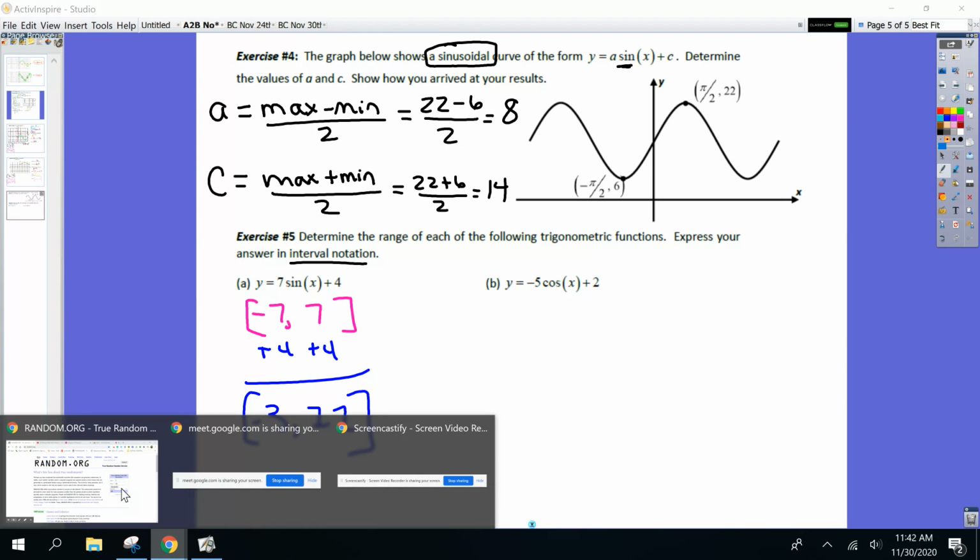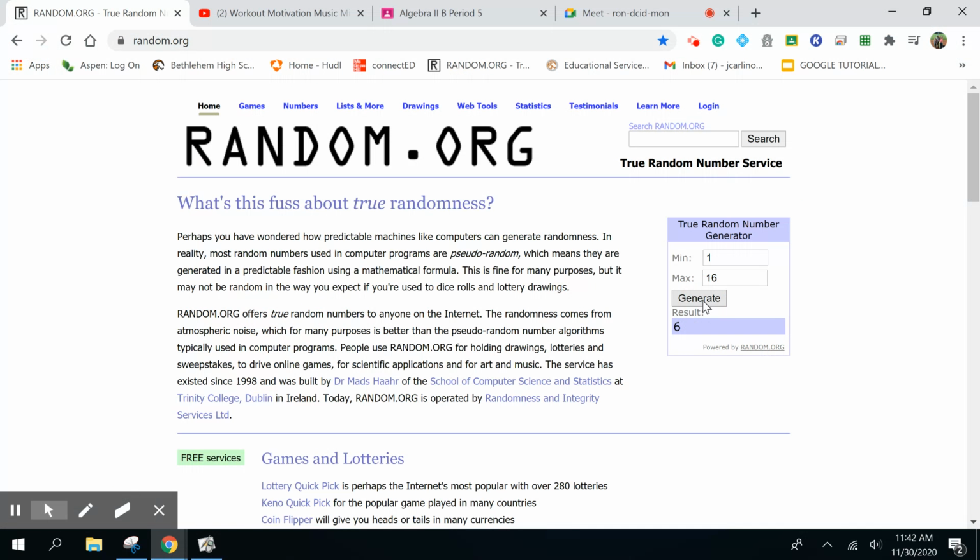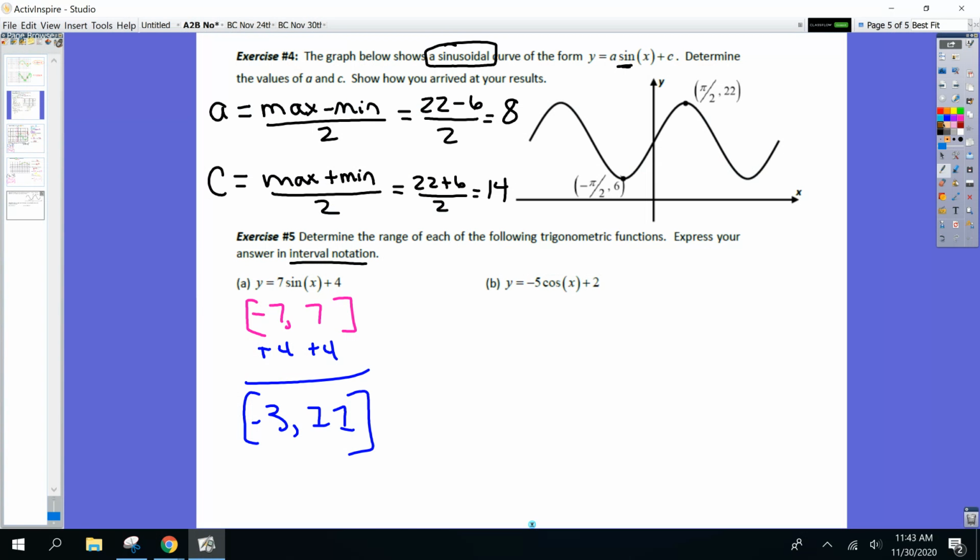Good job. One more, and we're calling it a day. Mason, here we go. This cosine curve. What was the original max and min here? Is it 1, -1? Whoa, we're on the original.